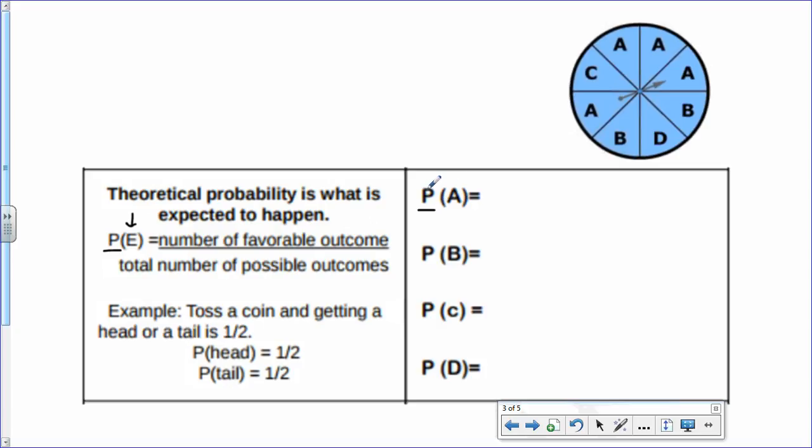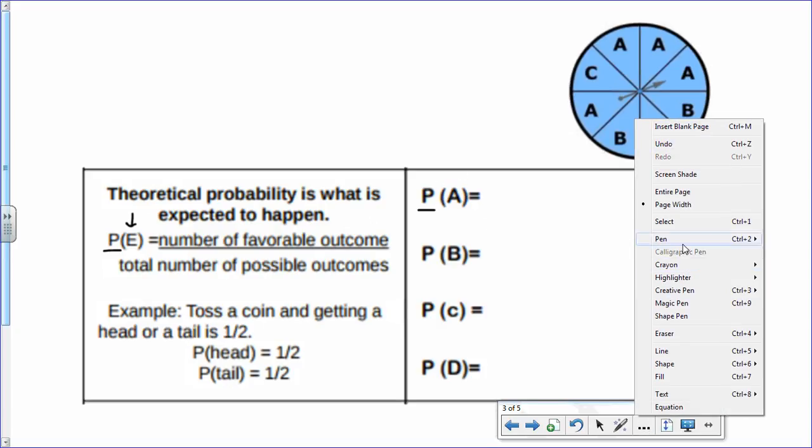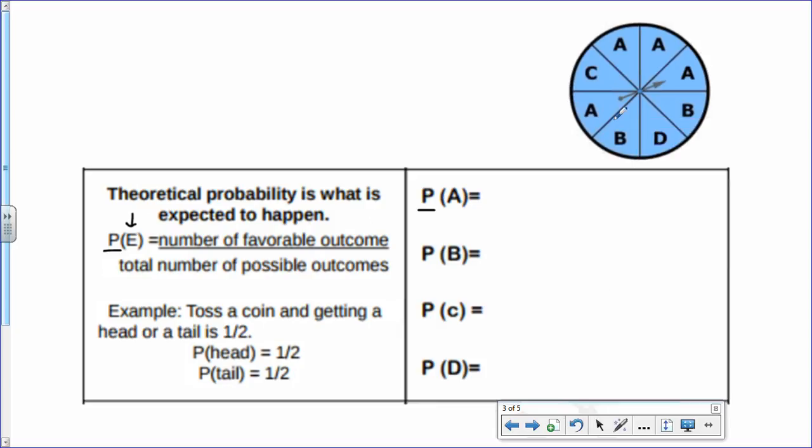So the probability of getting an A, first we're going to count our A's. So in the spinner, there are 8 total spaces, and there are 1, 2, 3, 4 A's. So the number of favorable outcomes, we want to get an A, and there's 4 ways we can do it.